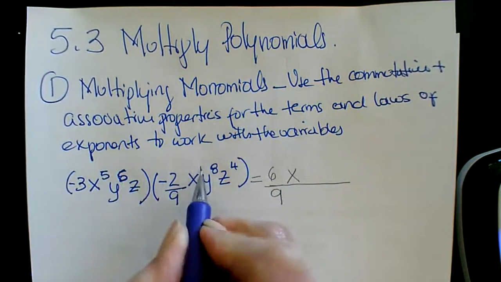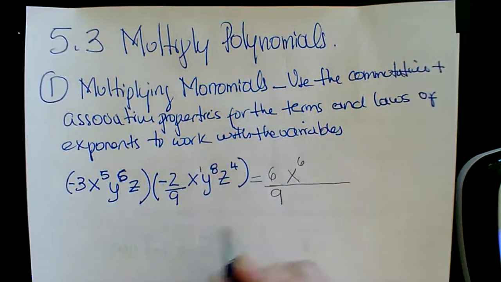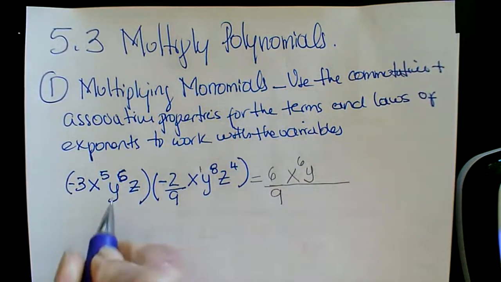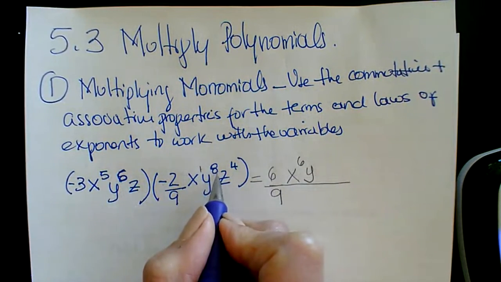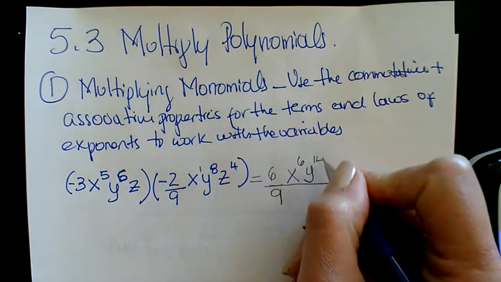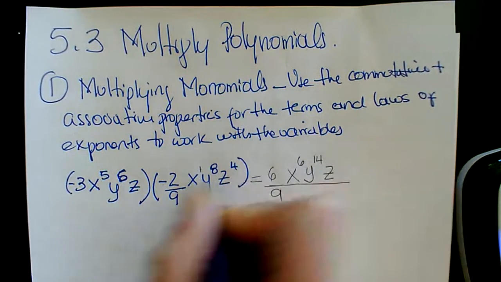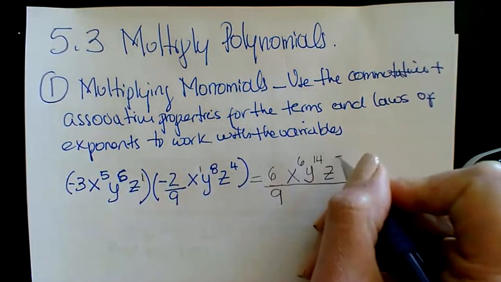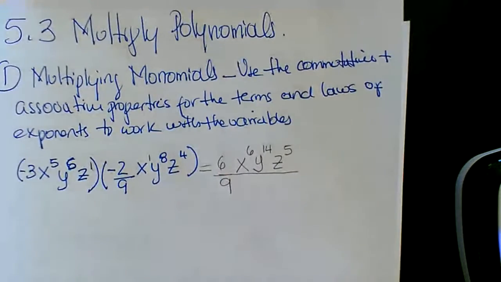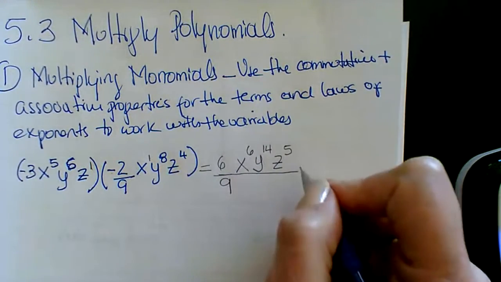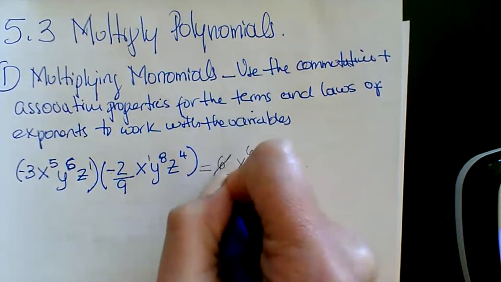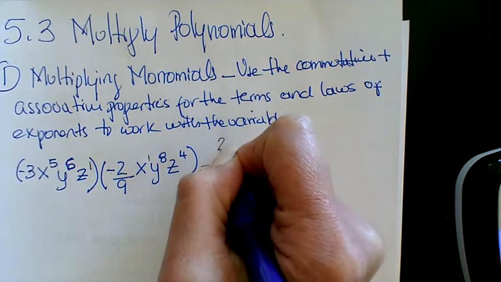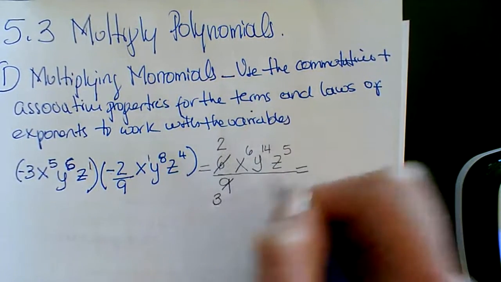X to the 5th and x to the 1. If I add them, it will be x to the 6th. Y, 6 plus 8 is 14. And Z, 1 plus 4 is 5. All right, so all I need to do is simplify. Divided by 3 is 2. Divided by 3 is 3.